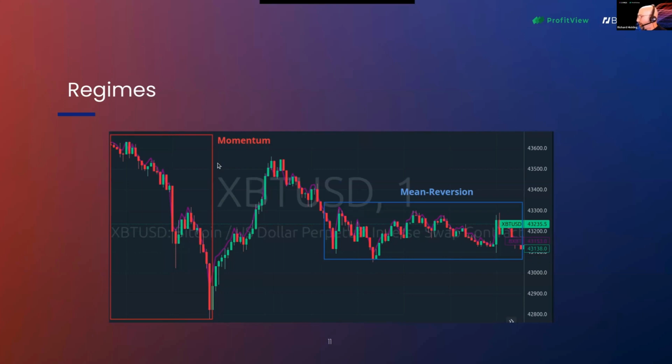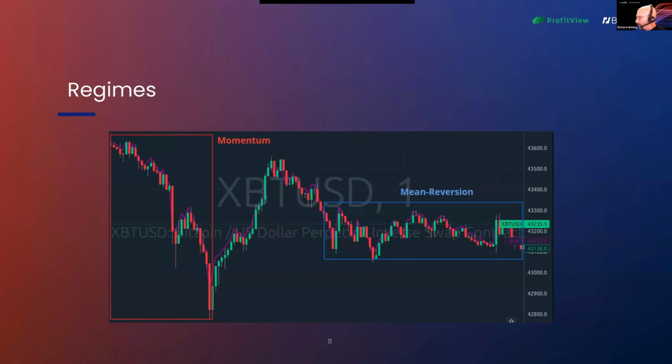So you can have a bot which is designed to handle momentum regimes. They call these regimes. In between momentums, you have a period where the price doesn't change very much from a sort of middle line. And that's called a mean reversion regime, because when there are changes, they tend to go back towards the mean.